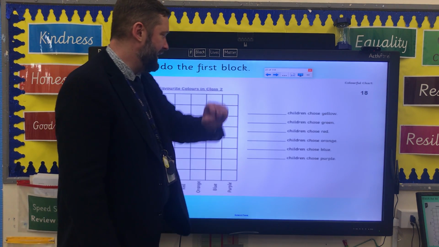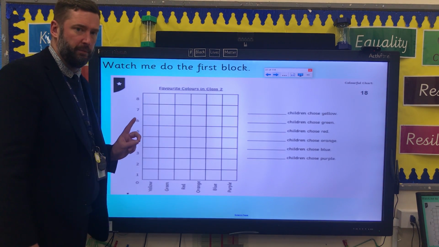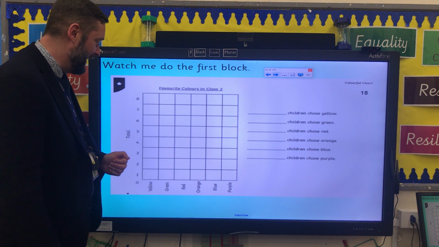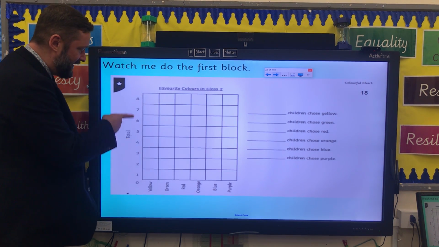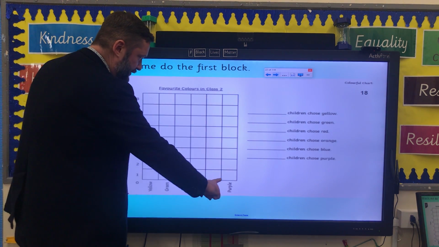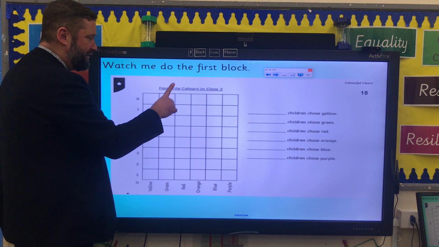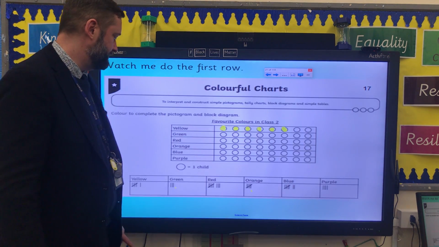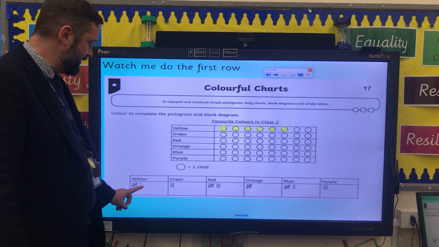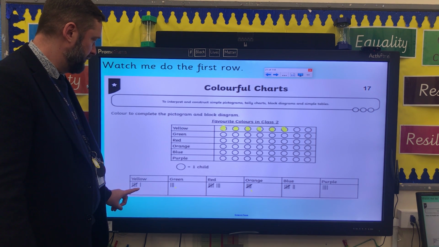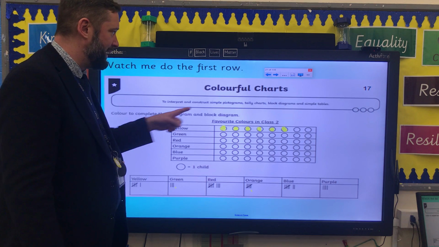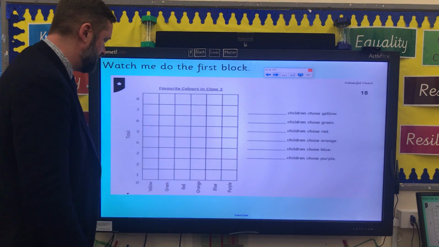When you've done that, you've got to complete the bar chart, the block diagram, sorry. Okay, so here's the scale, here's my labels, and here's the title, Favourite Colours in Class 2. Now if I look back at my tally chart, I know that 6 children said yellow was their favourite colour. My pictogram shows 6 as well, so my bar chart's got to show 6.